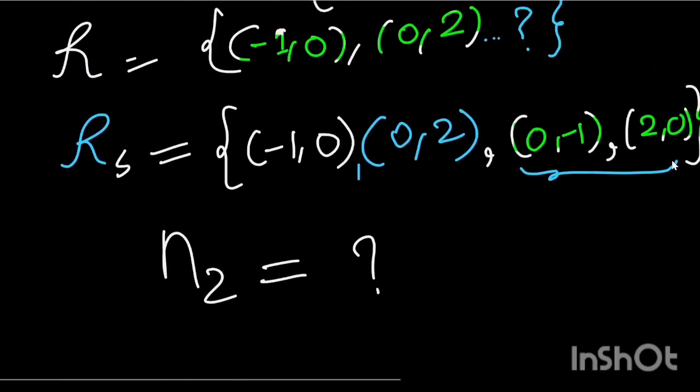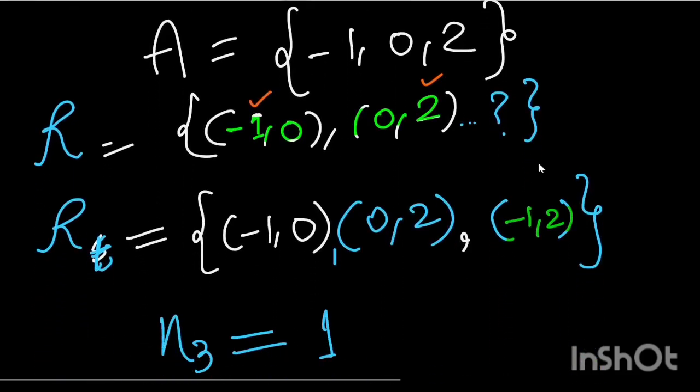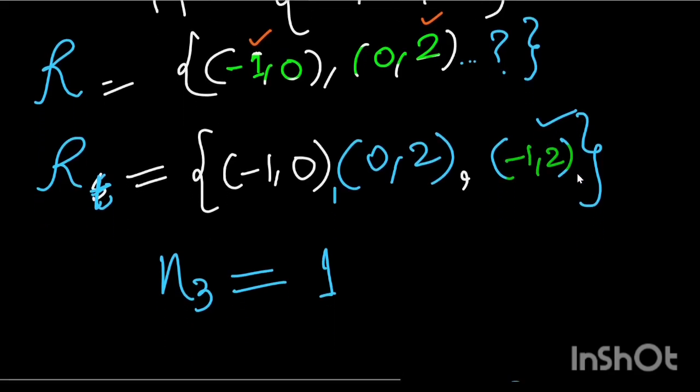If you check for transitivity with minus 1, 2 comma 0, it will give 0, 0 and minus 1, minus 1, minus 1, 2, which are present here itself, so it will automatically take care of transitivity. I haven't included them here, so N3 is 1 only.